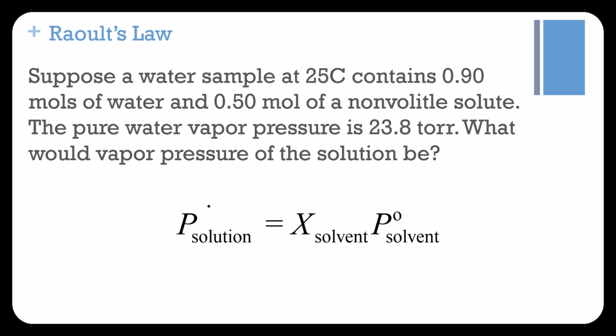So my formula is here. I want to just kind of take inventory to the side. So pressure of the solution, mole fraction of the solvent, and then the standard pressure of the solvent.